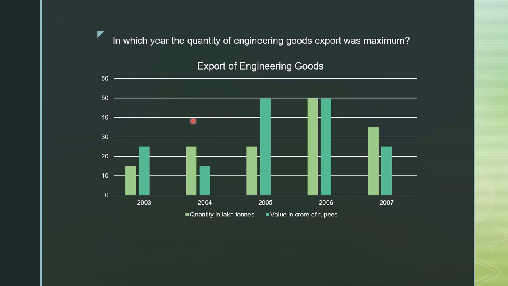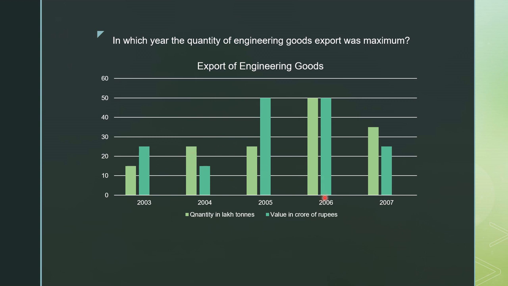Now the question is, in which year was the quantity of engineering goods export maximum? When we solve this type of problem, we have to read the question carefully first. What does UGC NET want here? The quantity of engineering goods, not the value. So we consider the light green bar.